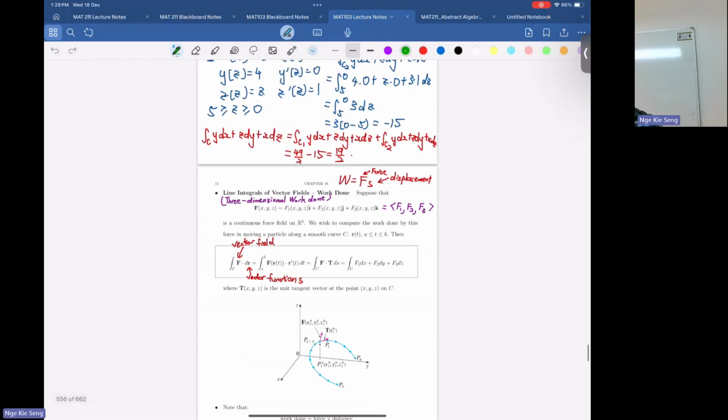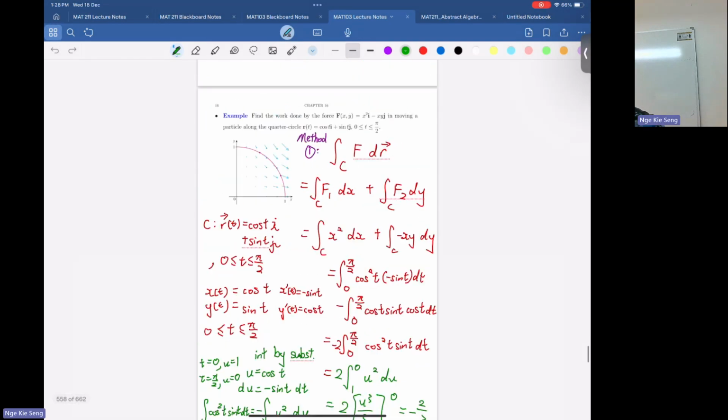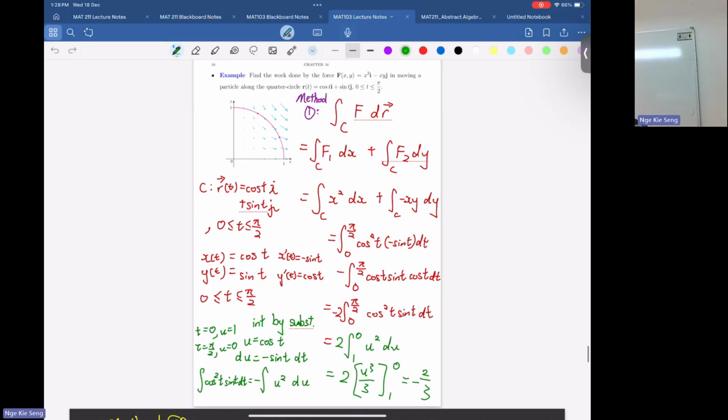Let's look at the example we discussed. Yeah, I think it's this one. So how do you compute it? You have a vector field, and you want to compute the integral of the vector field dot dr. You can compute f1 dx and f2 dx. But what does it mean? You just parameterize in your x direction and in your y direction, then sum it all, and your integral will be in terms of t.